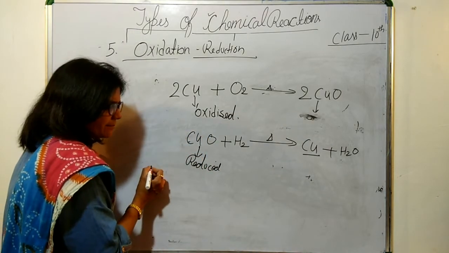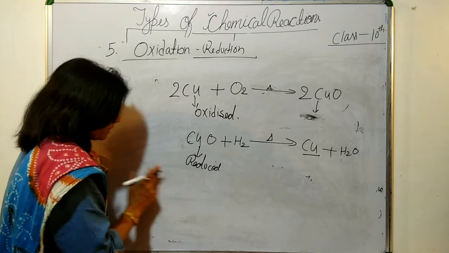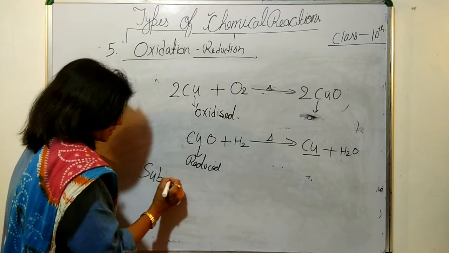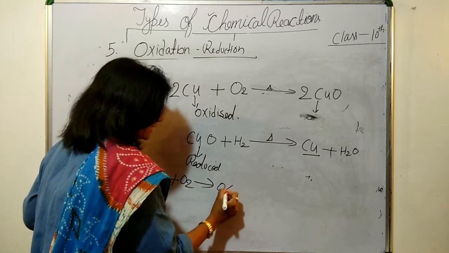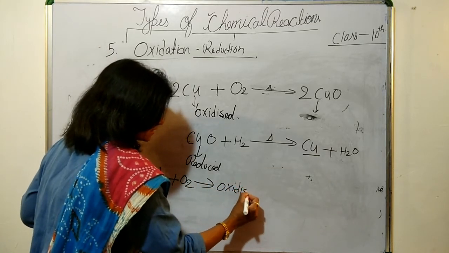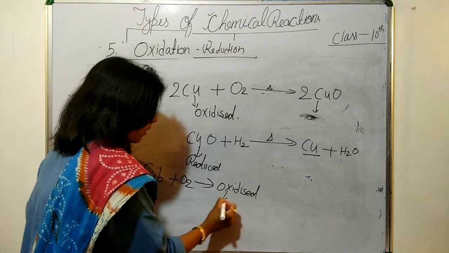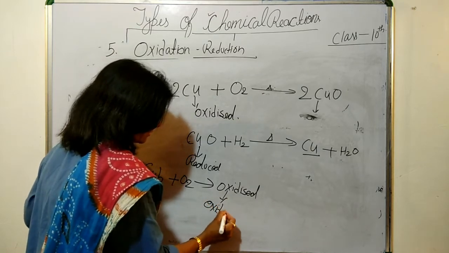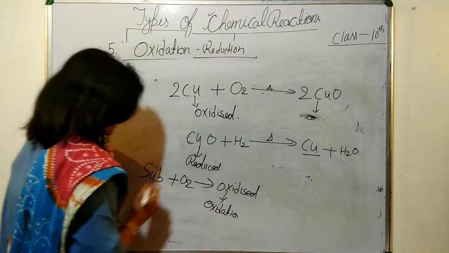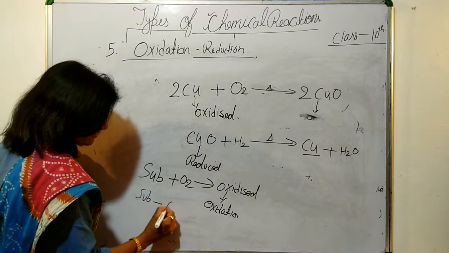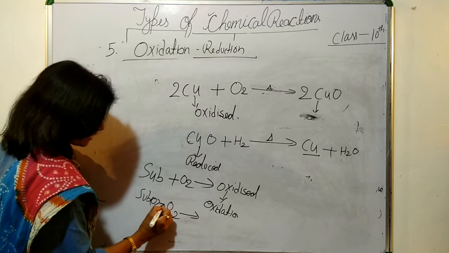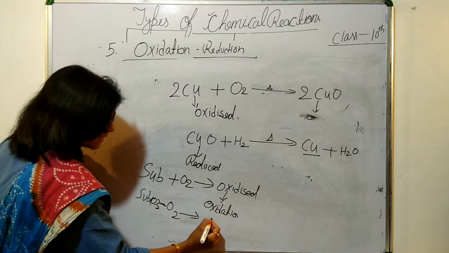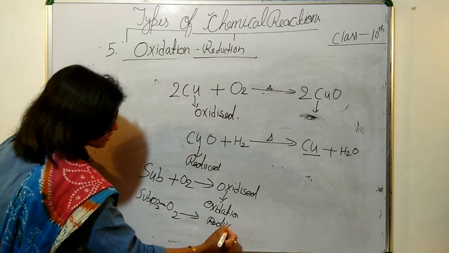In a simplified way, we can say that a substance when combined with oxygen is oxidized, or oxidation takes place. Clear? In the same way, if a substance loses its oxygen, then it is reduced.